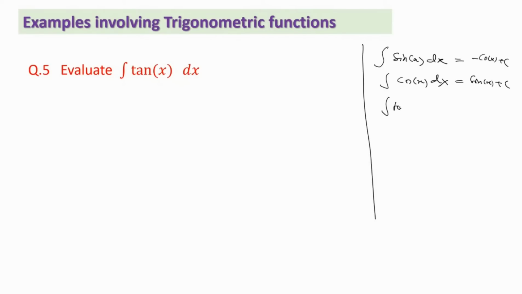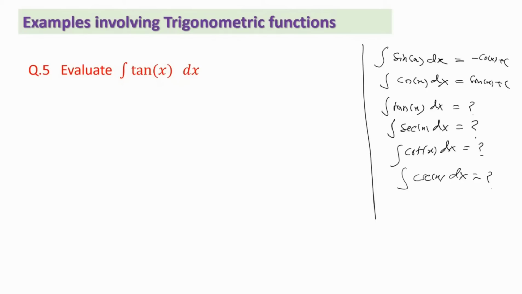But we don't know the integration of tan x dx, secant x dx, cotan x dx, and cosecant x dx. These integrations will be basic in calculus 2, but in calculus 1 you should know how to get the integration of such functions.